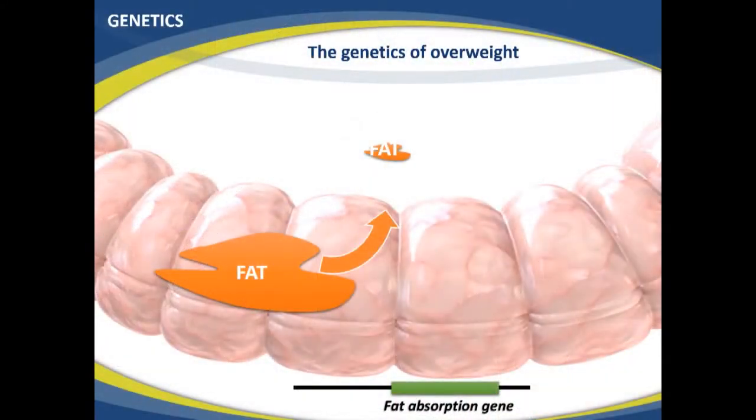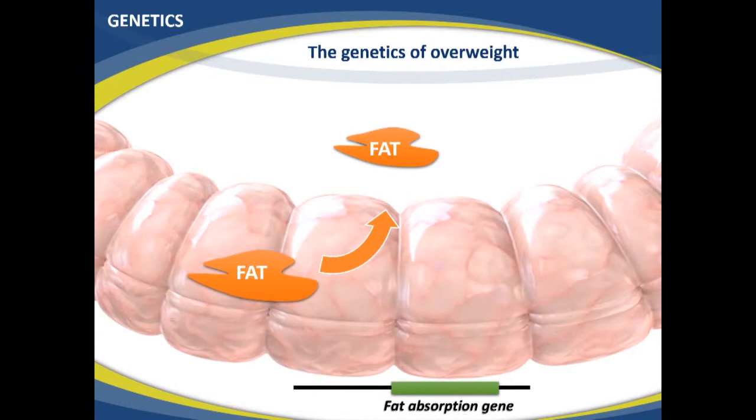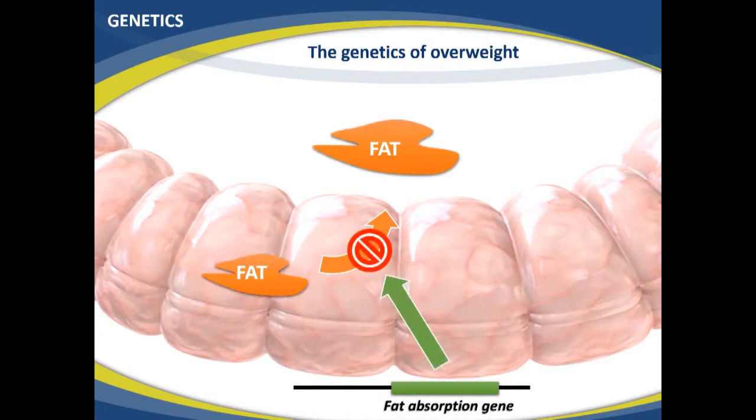Great, let's absorb it because it has a lot of energy. We can use it to create new cell walls and so on. So the body starts absorbing it, and it will then use it up or store it somewhere. And then there is a stage where a fat absorption gene says, okay, thank you, we had enough. And it will stop the absorption.